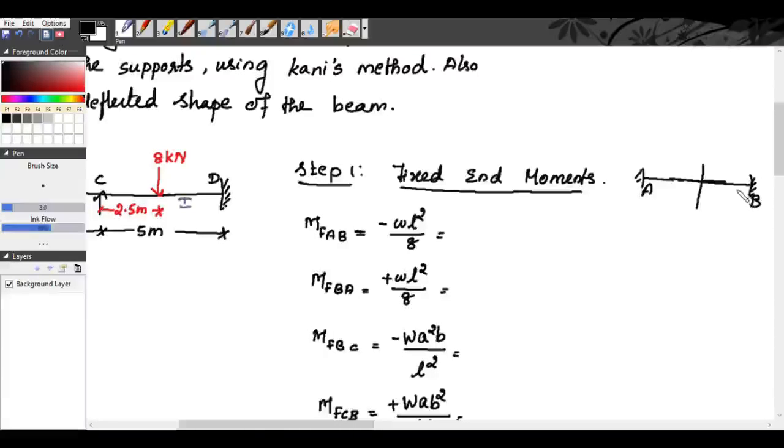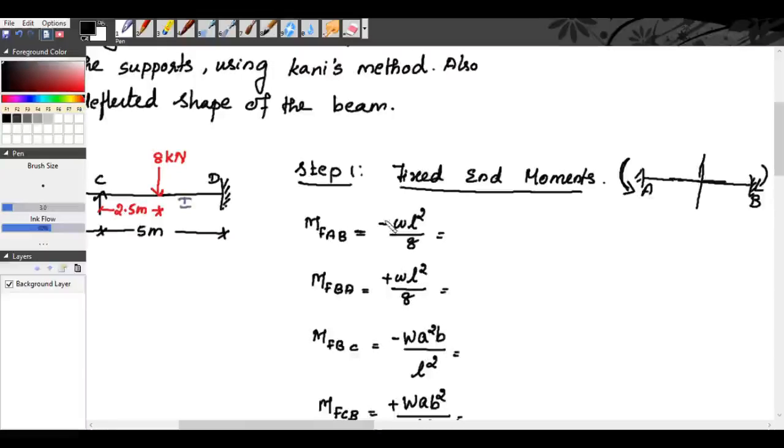That means at the fixed support, we will have hogging moments or negative moments. So when you take a section in the span AB, the left anti-clockwise becomes negative and the right clockwise becomes positive.